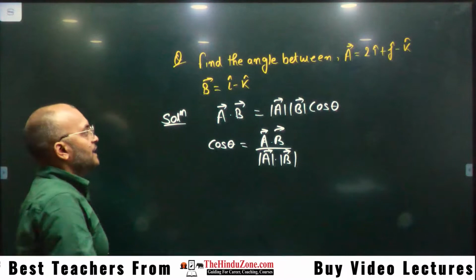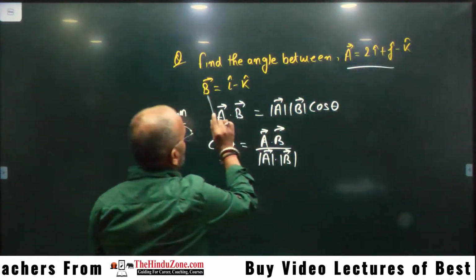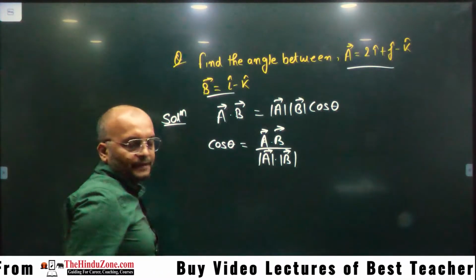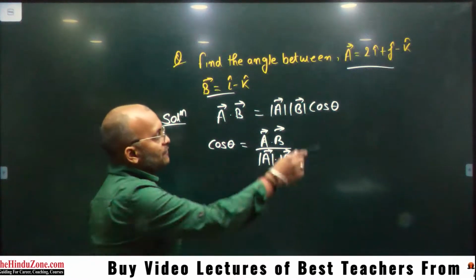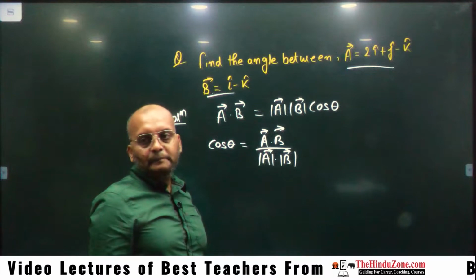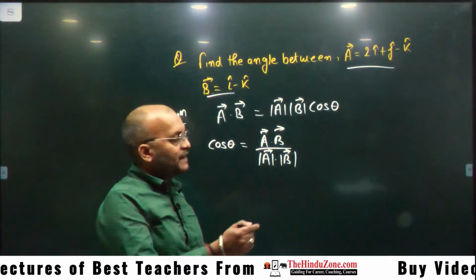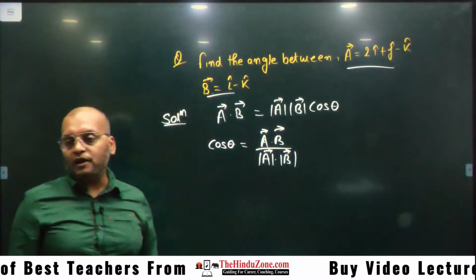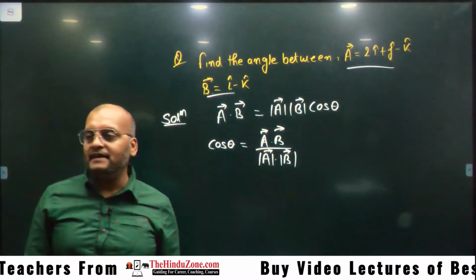So first of all, if I take dot product of these two vectors, I will get A dot B, and then I can find out the magnitude of vector A and magnitude of vector B, and I can multiply them, and then I will divide it with dot product of A and B vector to obtain the answer.